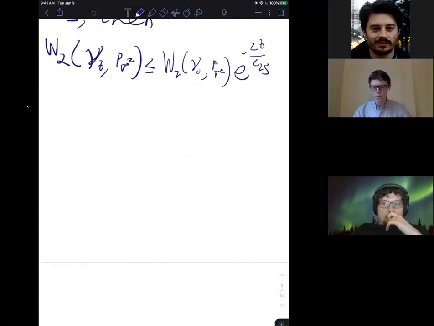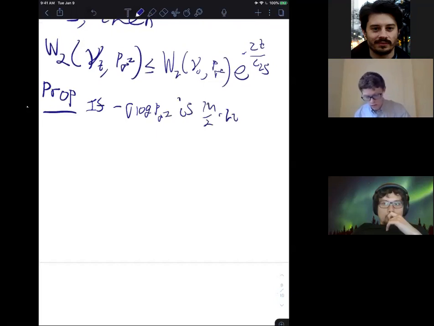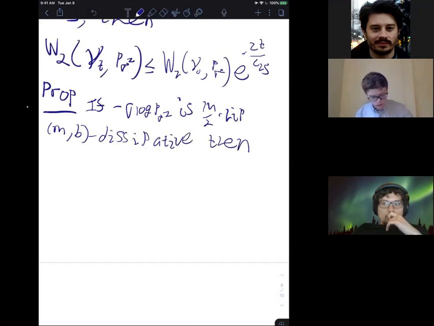Basically, you have the proposition that if minus del log p sigma squared is m over 2 Lipschitz and m_d dissipative, then C_LS is O of m over m_d squared e to the 8 m over m_d.